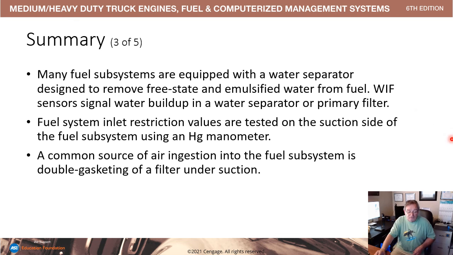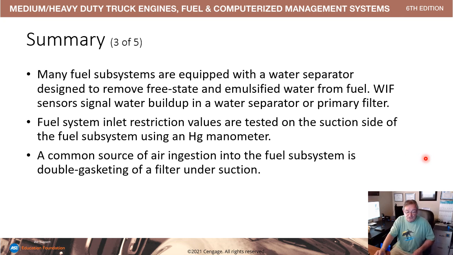Fuel system inlet restriction is tested on the suction side of the fuel subsystem using a mercury manometer, or typically a bypass gauge that uses a quick coupler and converts your reading for your multimeter. So that has been modernized for most shops doing fuel work.